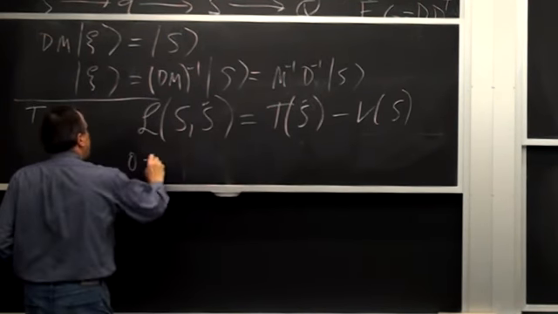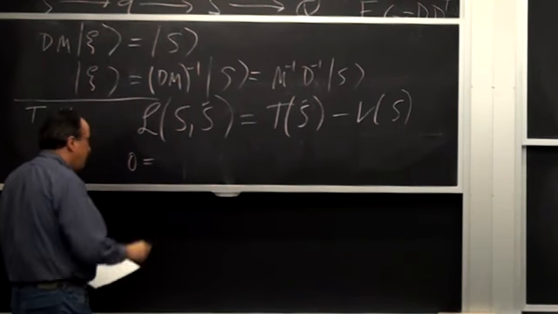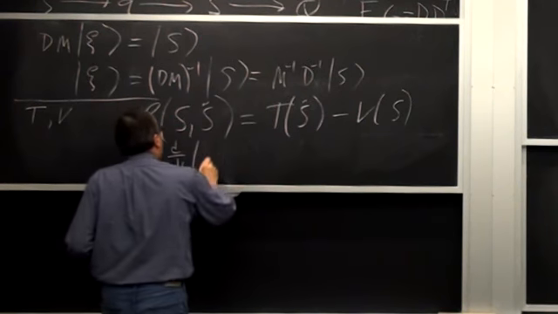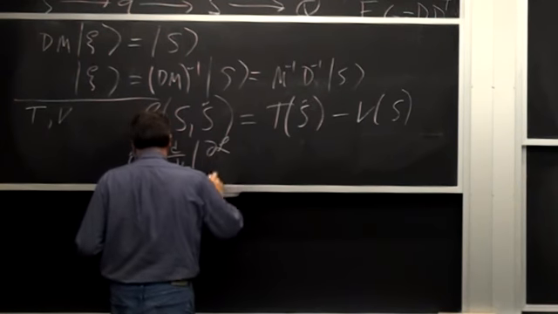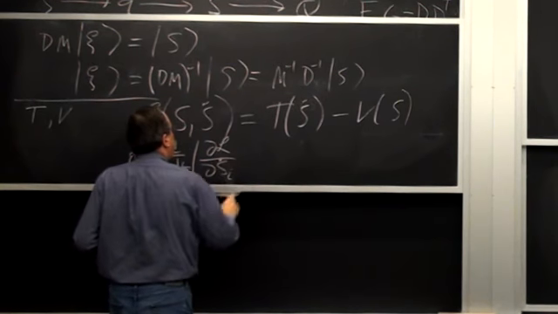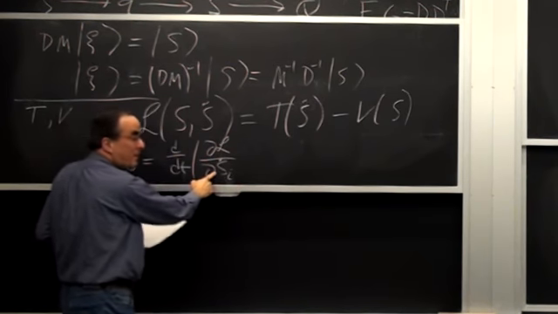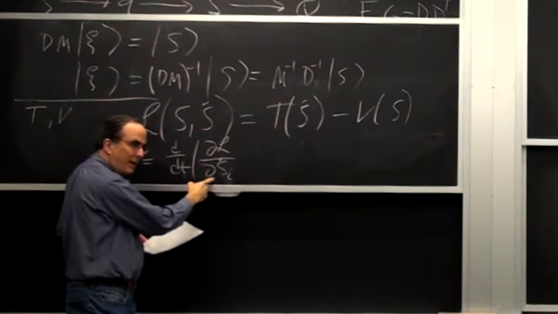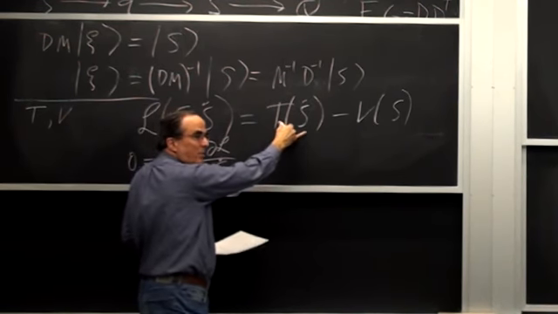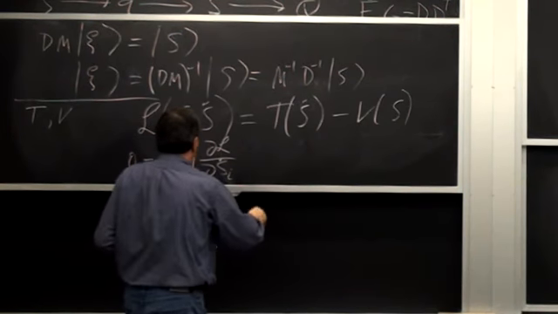And the equation of motion that needs to be solved is the total derivative with respect to time of the partial derivative of the Lagrangian with respect to velocities. So this is kinetic. This is related to the kinetic energy part because this is a partial derivative and the velocities only appear in the kinetic energy.